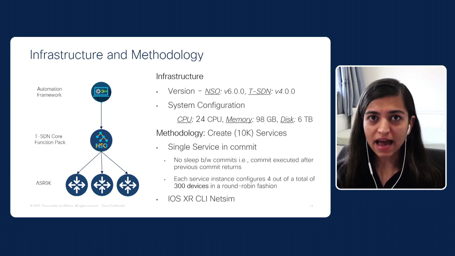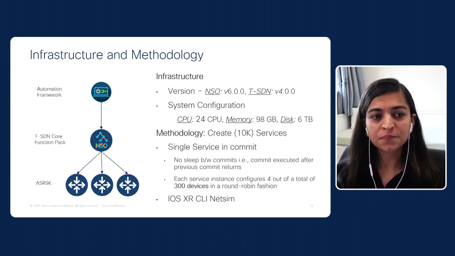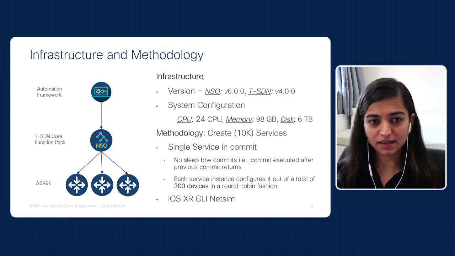This is how the infrastructure and the methodology look for T-SDN. It is using the same automation framework to push the services and monitor the resources on NSO. This time, the T-SDN core function pack is the package deployed on NSO, and there are a bunch of ASR 9K or XR 9K devices that are being configured.